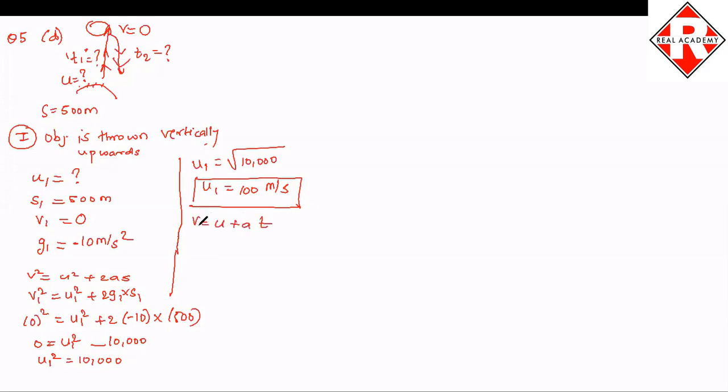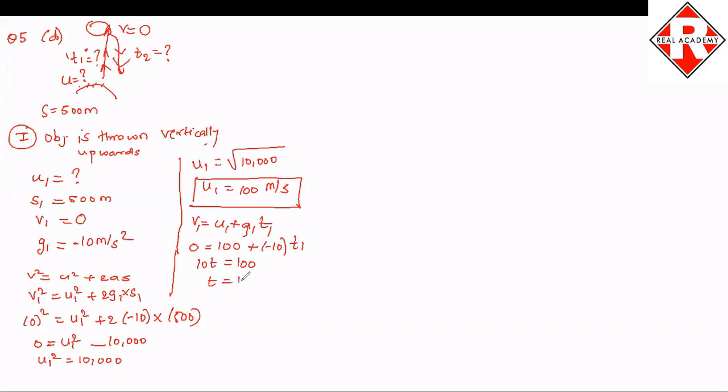This is quite easier. So v1 is equal to u1 plus a1 t1. Again, v1 is 0. u1 we have just got, that is 100. Now instead of a1, I will be using g's value. This is basically g1, and g1 is minus 10. I need to find what is t1. So this will be 10t is equal to 100.